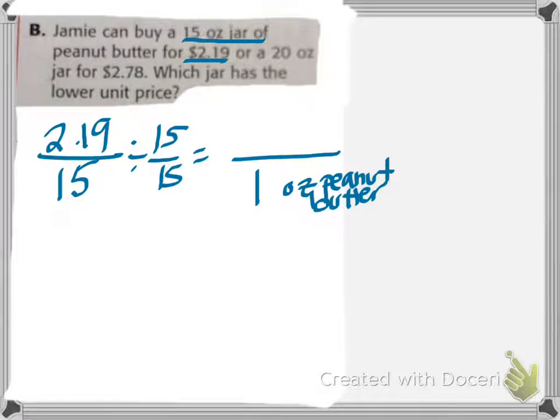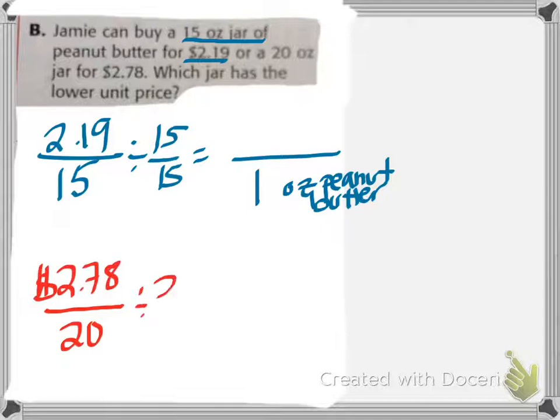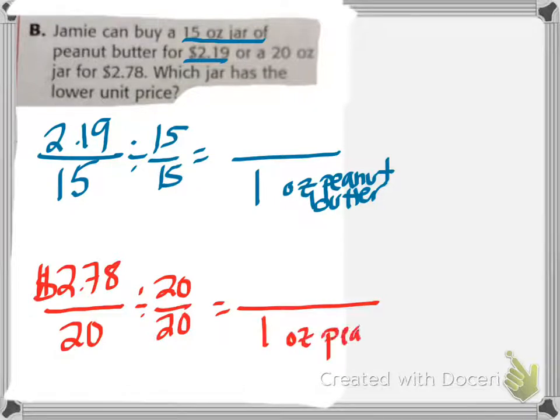And then the second option is to get 20 ounces for $2.78. I divide that by 20, and I will get the unit rate of 1 ounce of peanut butter in this jar.